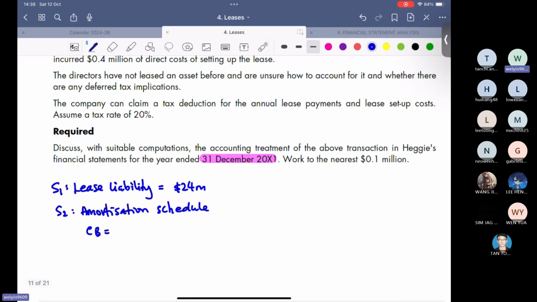Then after that, step 3, ROU asset. Step 4, depreciation. So you give me S2, S3, and S4.